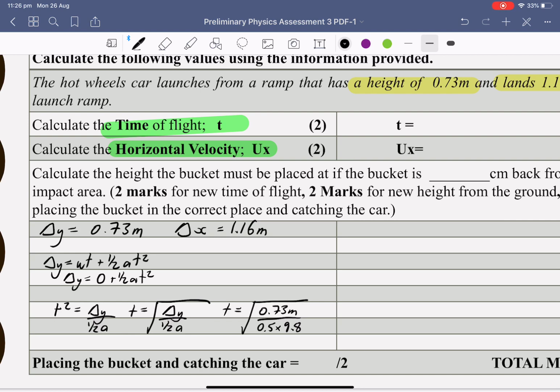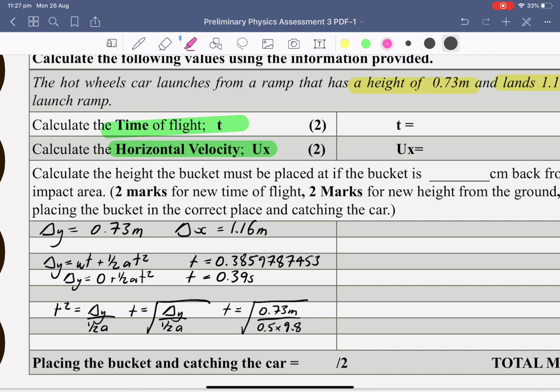If we put that in our calculator, square root of 0.73 over a half times 9.8, we get the total time of flight, and that time is equal to 0.3859874743. Now we're going to round that time to 2 decimal places, and it's going to be 0.39 seconds.